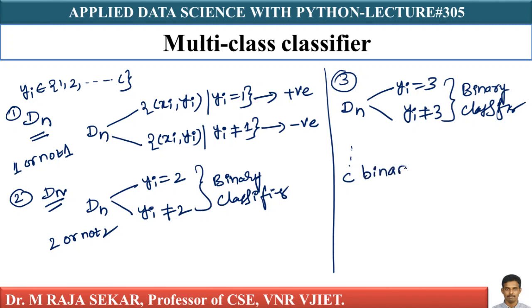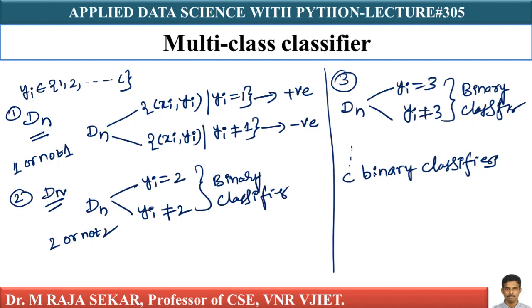Each binary classifier will say whether it is class 1 or not 1, class 2 or not 2, class 3 or not 3, class C or not C. That's what each of these classifiers will do.